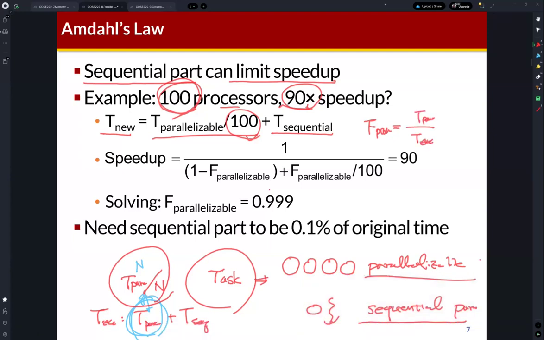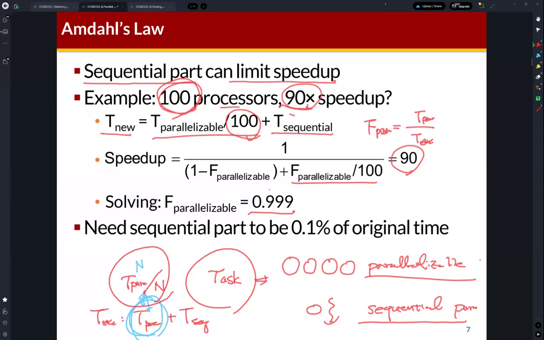Only this part can be reduced, and the speedup should be 90. Then if we solve this simple equation, the fraction of the parallelizable part has to be 0.999. So what does it mean?